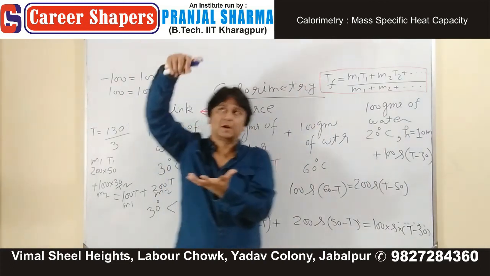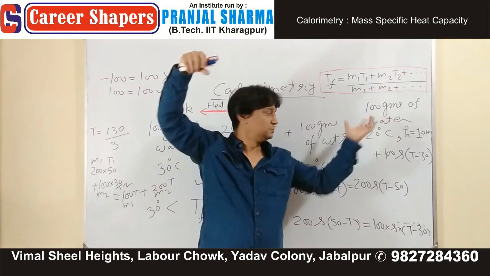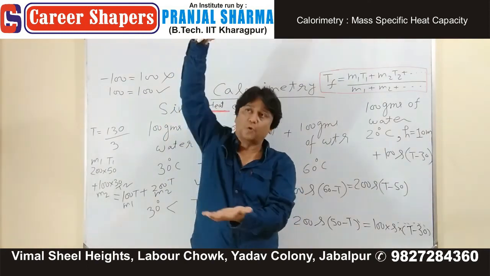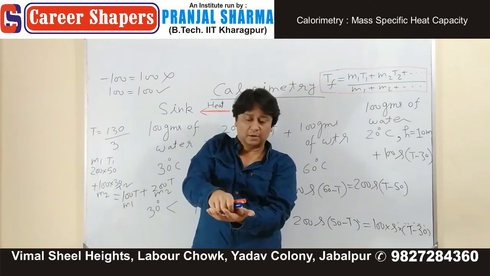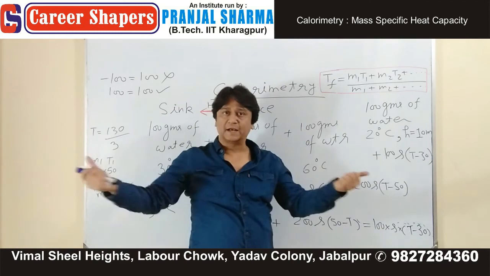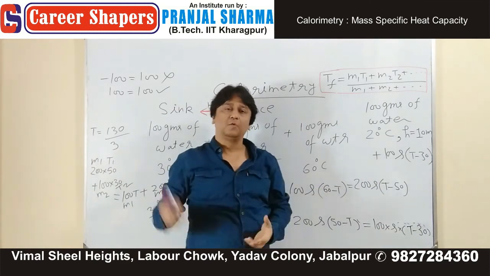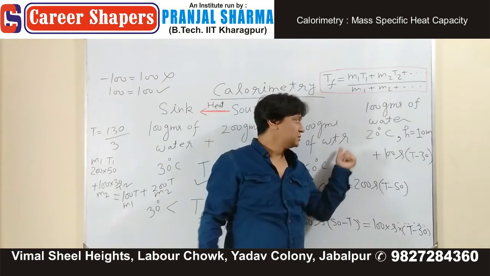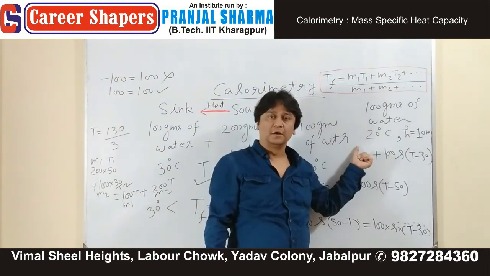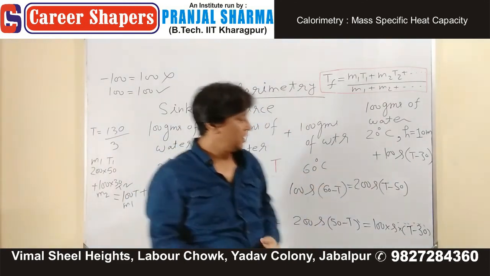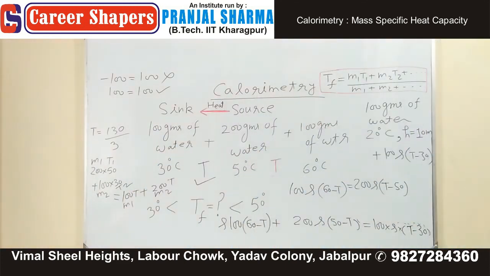You've got 100 grams of water at 20 and you drop it from a height of 10 meters. The moment it comes here, there is no bouncing, there is no heat exchange to the surroundings. Whatever energy came out of this collision is consumed by the water only. In that case, what will be its final temperature? You've got 30-40 seconds to answer this. Let's see how many of you can.